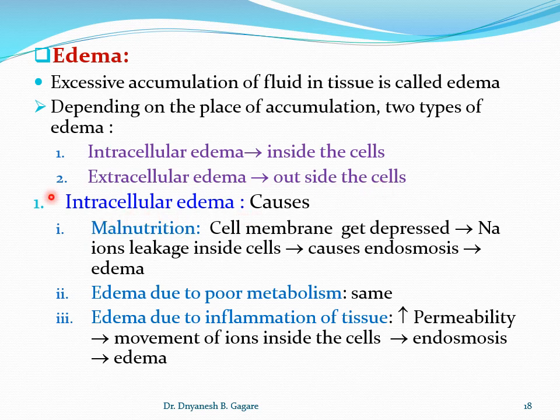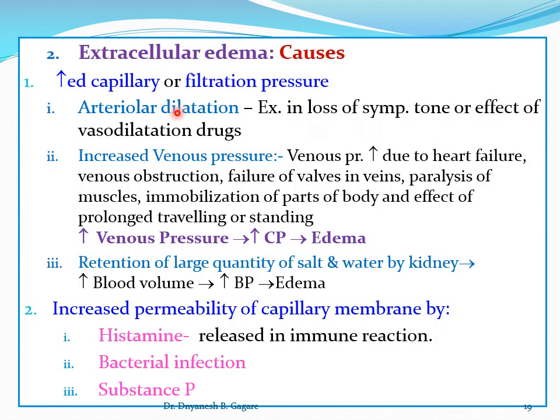Okay, now next slide. What is extracellular edema? I told you that if the accumulation of the fluid is outside the cells, that is in the interstitium, it is called extracellular edema. And see the causes. If any system gets disturbed, that leads into the edema.